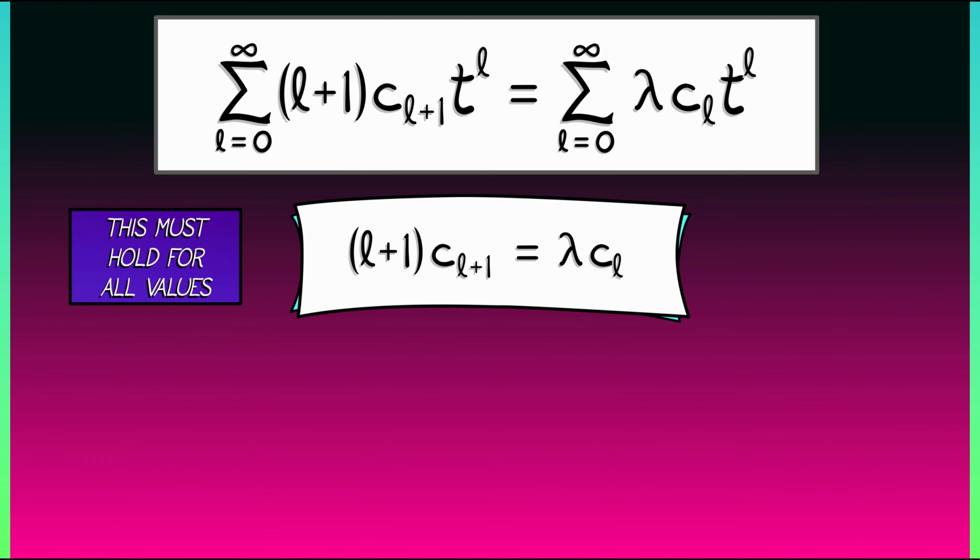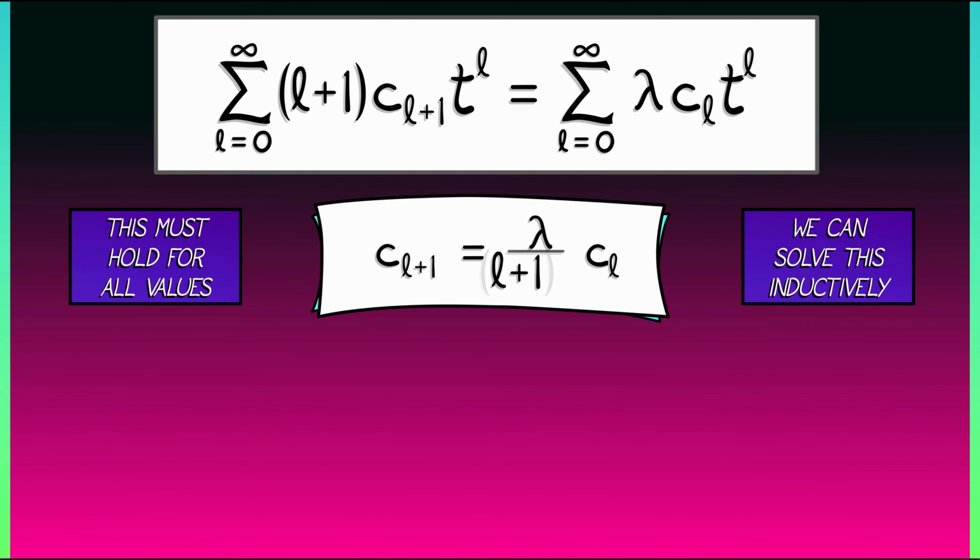Now, what's nice about this is these are algebraic equations, and we can solve them inductively. What does that mean? If I move things around a little bit, I get the equation c sub L plus 1 equals lambda divided by L plus 1 times c_L. This is something called a recurrence relation. But whatever, let's just start working with it.